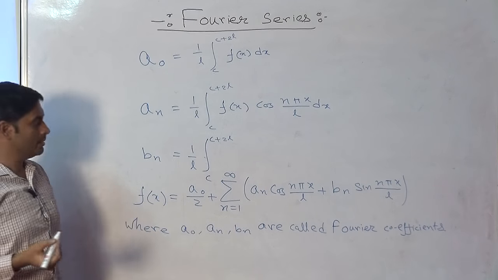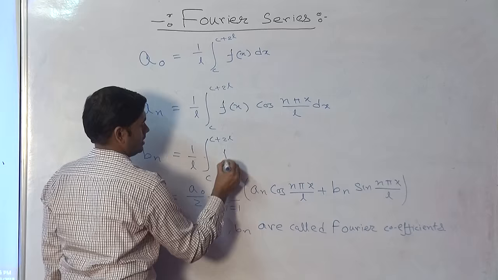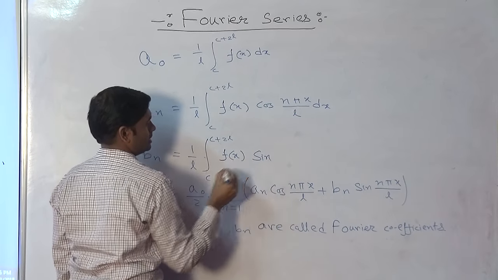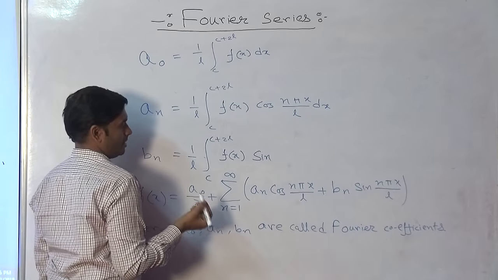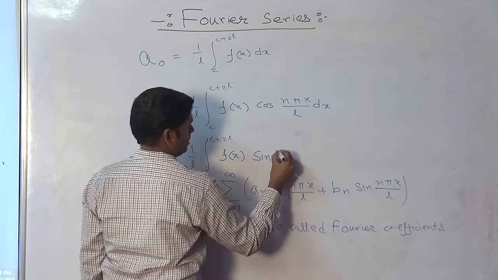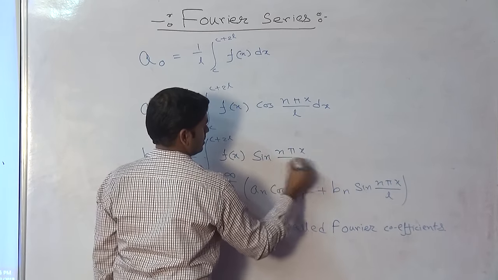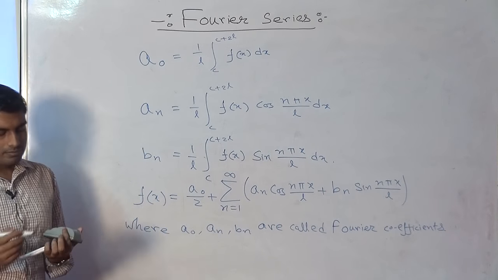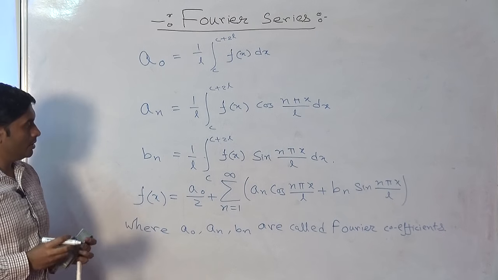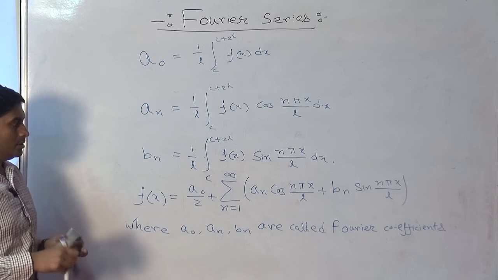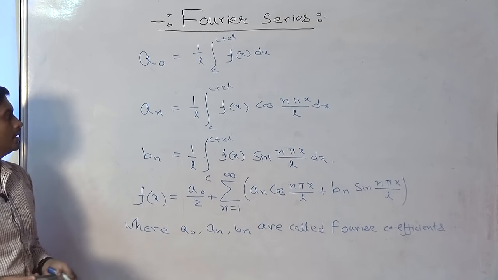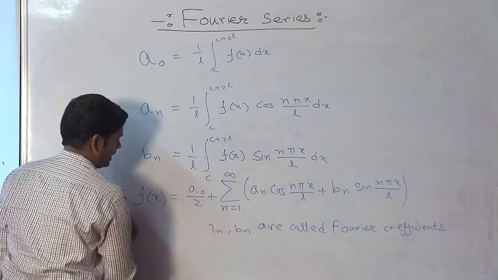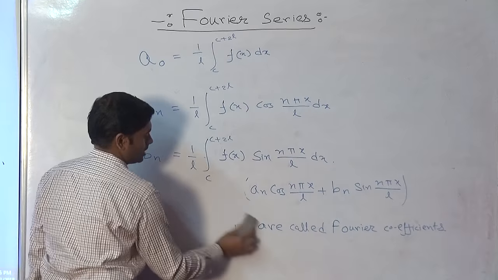For bn, calculate this function, integration of f(x) sine of n pi x by L dx. So basically we have to find these three coefficients from the given function. This is our aim for finding the Fourier series of a function.